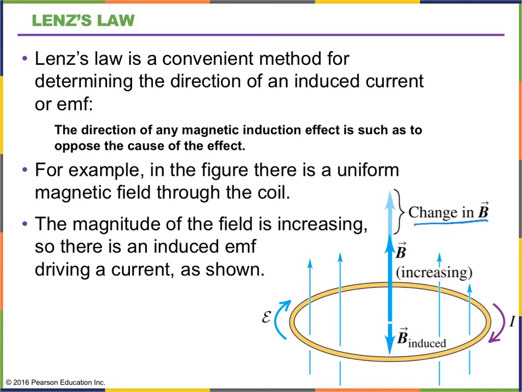Lenz's law basically says that the induced current will tend to work against that increasing magnetic flux. The way that it does that is by creating a magnetic field that's going to help to offset the change in magnetic flux. In this case, because the magnetic field that exists is pointing upward and is increasing in strength, we would want to produce an induced magnetic field that would be in the opposite direction. That's going to tend to work against the increase in the magnetic field.